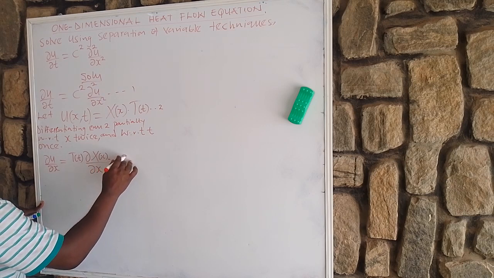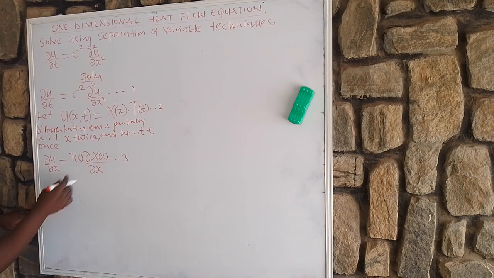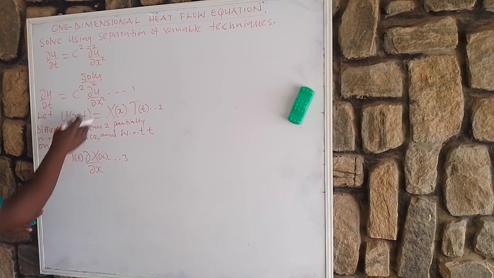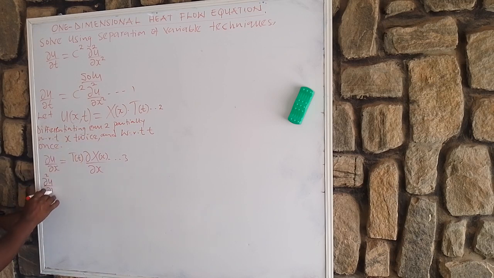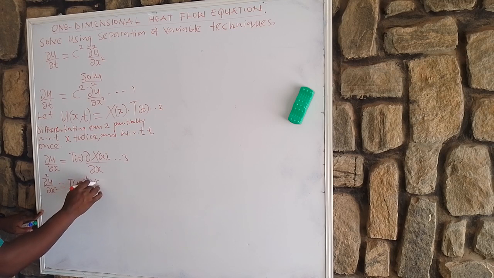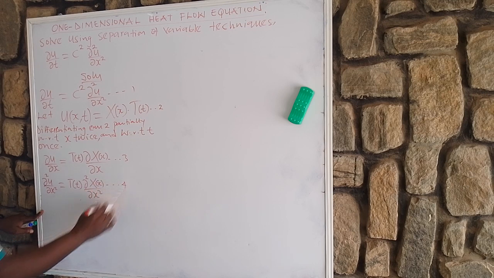Assume this to be equation 3. Then we differentiate it twice, so partial squared u over partial x squared equals T of t times partial squared X of x over partial x squared. Assume this to be equation 4.